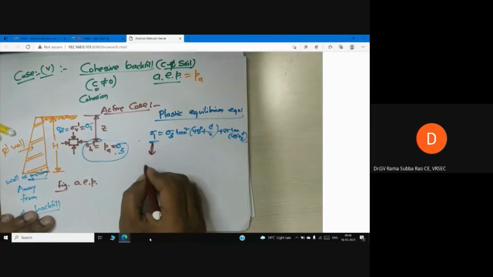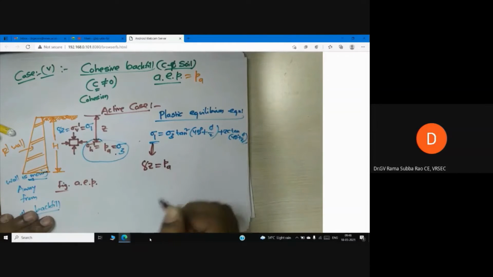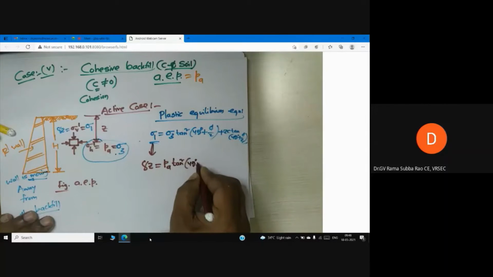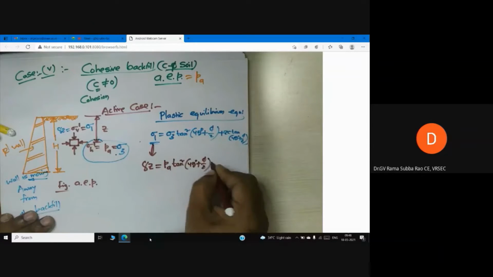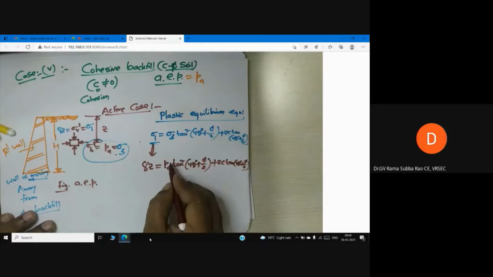Sigma 1 is gamma z. Sigma 3 is PA. Now I have tan square (45 plus phi/2) with me, plus 2c tan (45 plus phi/2). Now the thing is, I want PA.